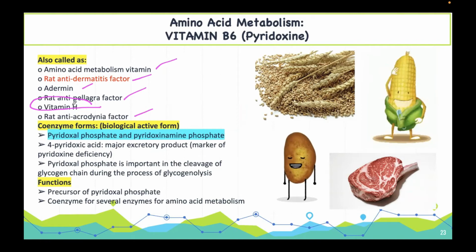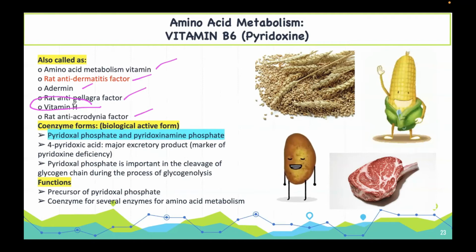Your vitamin B6 is required for many processes, kagaya rin naman ng ating mga na-mention na vitamins B4. So, your vitamin B6 can serve as a coenzyme and its biological active form, it is being utilized in the pyridoxal phosphate and then your pyridoxamine phosphate.